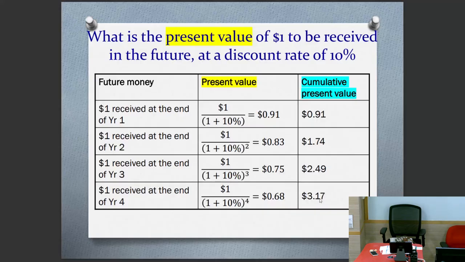So it means getting $1 every year in the coming 4 years has the present value of 3.17 now. Giving you $3.17 now is the same as giving you $1 every year for 4 years.